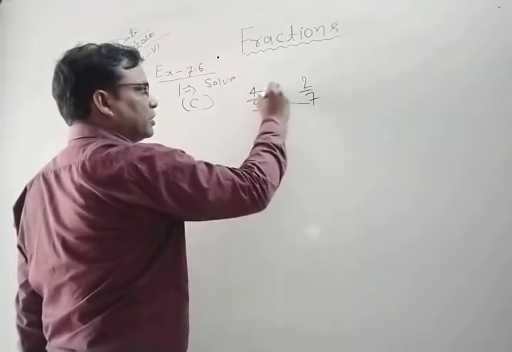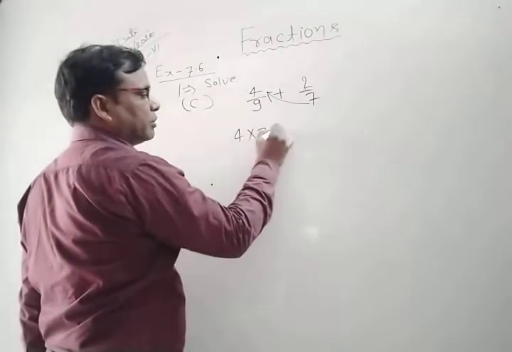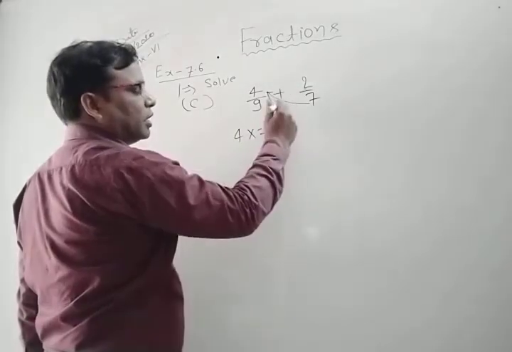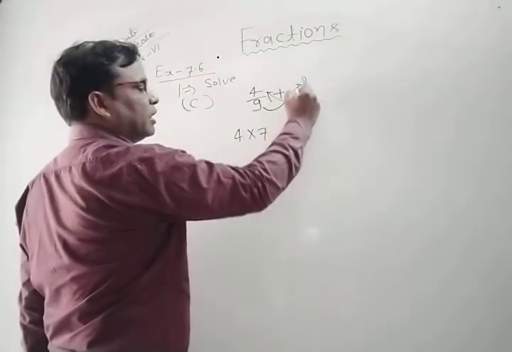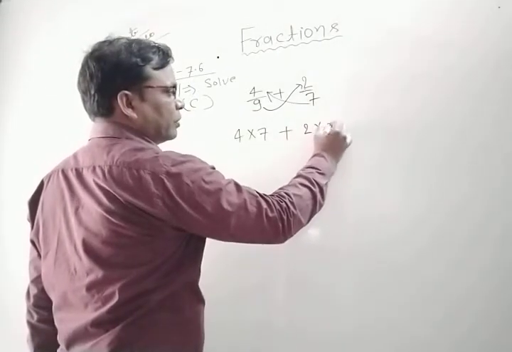This into this, 4 into 7, plus, again this 9 multiplied by this 2, 2 into 9.